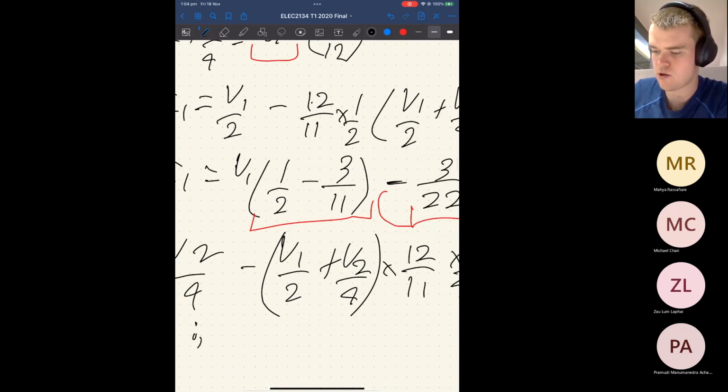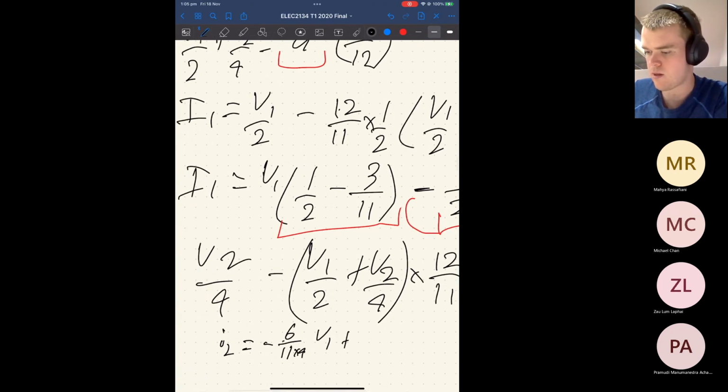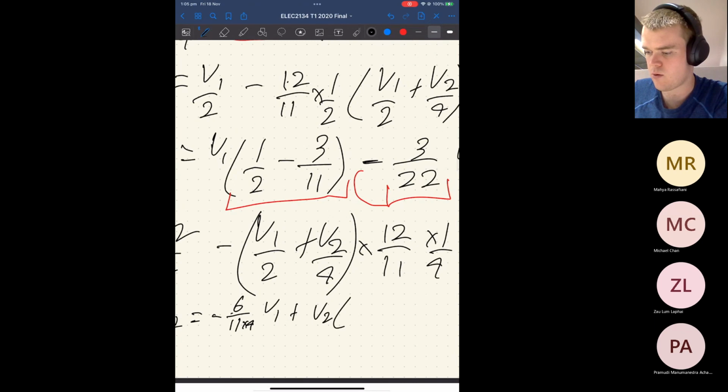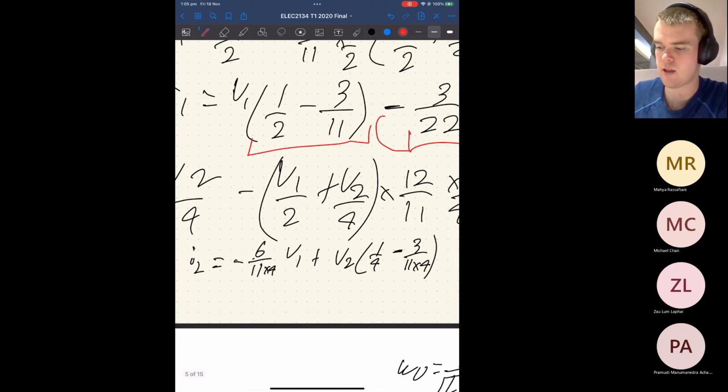So then I2 is equal to negative 6 on 11 times 4 V1 plus V2 of a quarter minus 3 on 11 times 4. All right, and that's your second one and your third one.